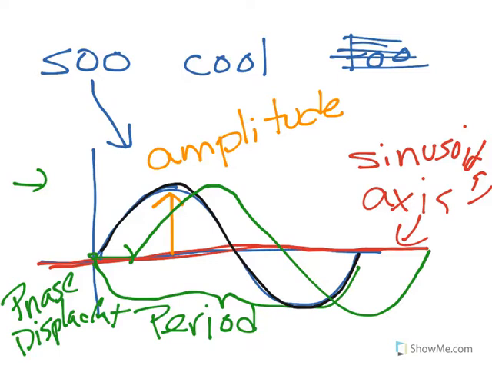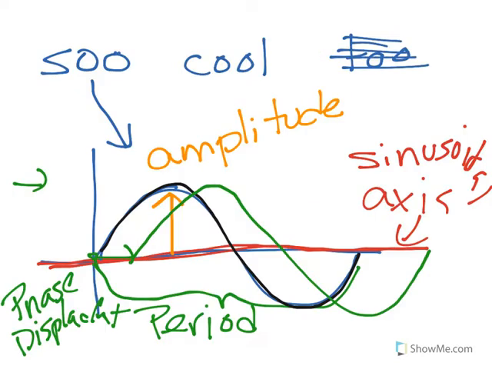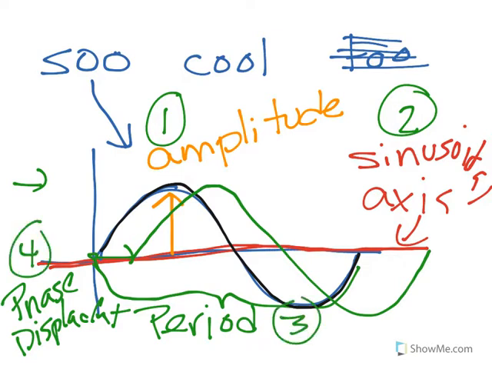Do I expect you to memorize these words right now and know them all? No, I do not. But we're going to talk about how these words relate to transformations. If you remember, there were 4 main transformations we worked with in the past: horizontal translation, vertical translation, horizontal dilation, vertical dilation. And on the features of the graph, I have 1, 2, 3, 4.